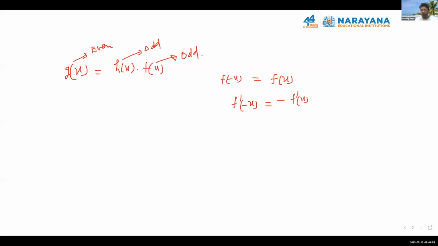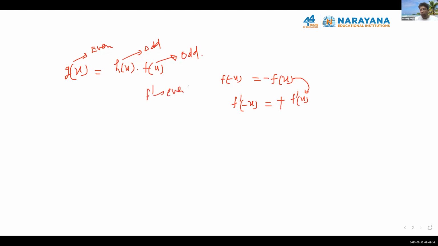So its first derivative will be plus. Its second derivative will be like this. Clear? Minus will come and minus will get cancelled. So if f is odd, its first derivative is even, like that.